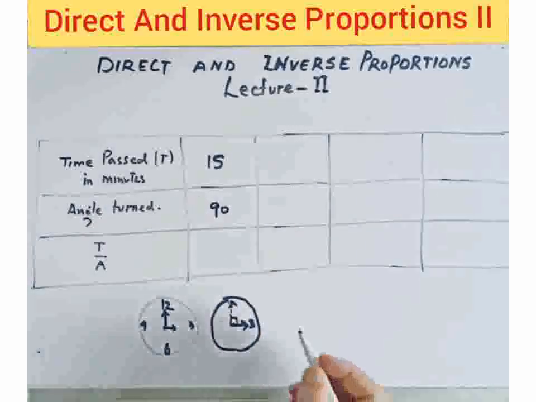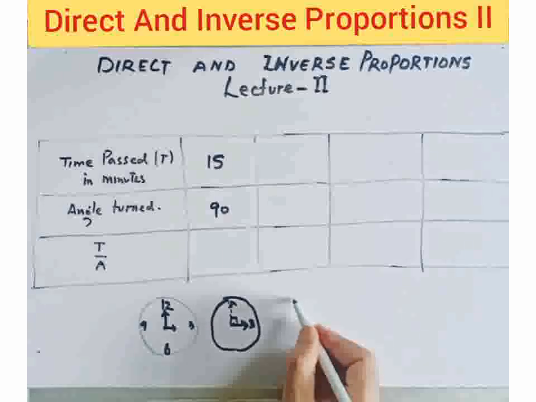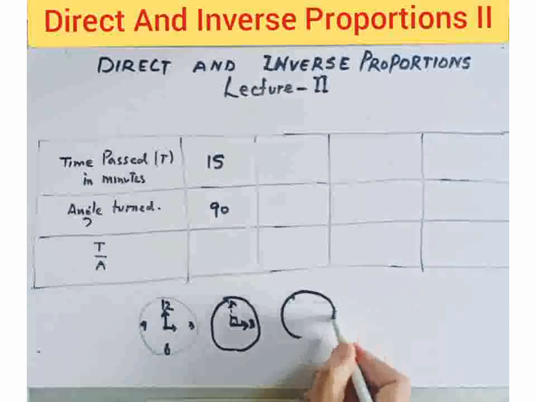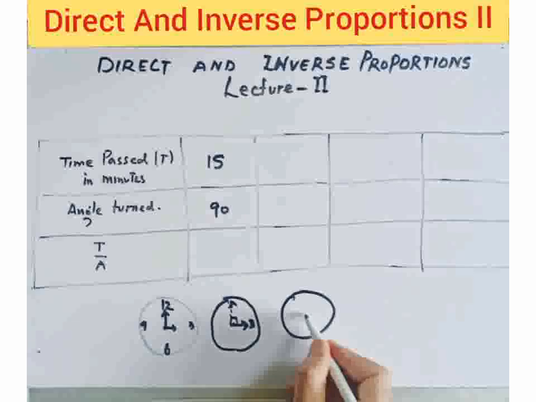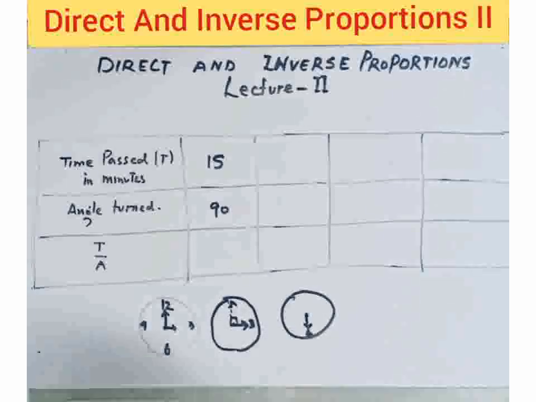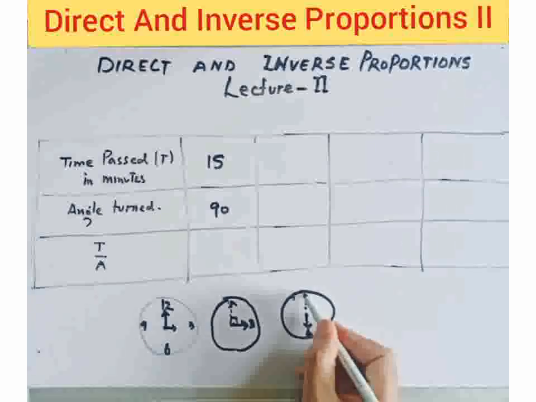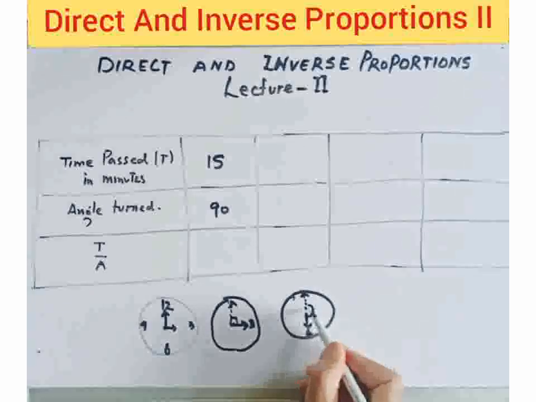After another 15 minutes, the position of this minute hand will be at 6. The original position was here, so the angle turned is 90 and another 90.